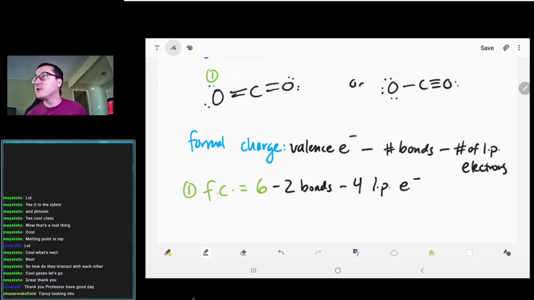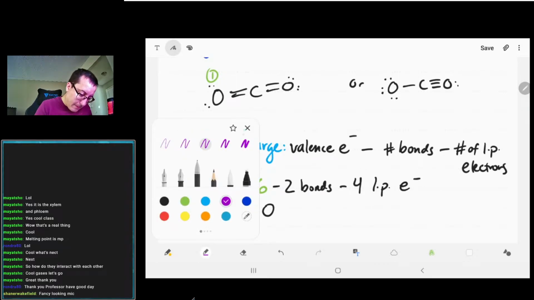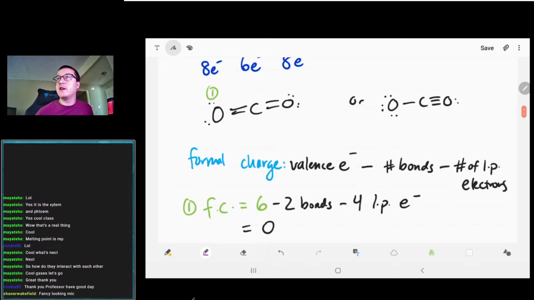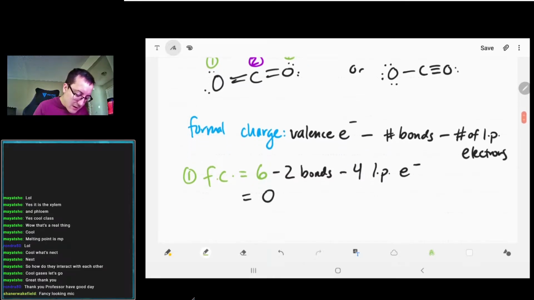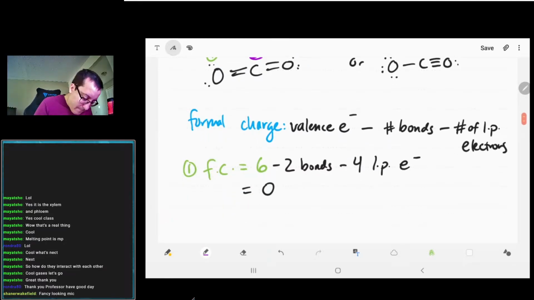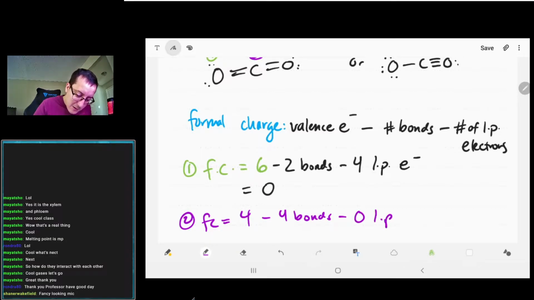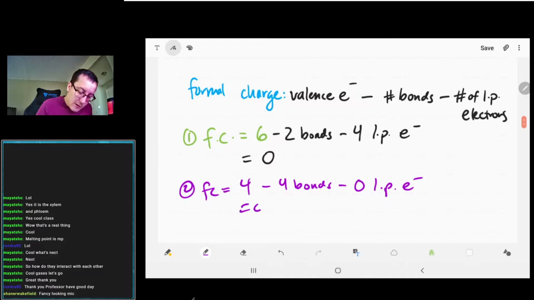So 6 minus 2 minus 4 equals 0. The oxygen on the right on that molecule is exactly the same, so I'm not going to worry about it. But let's look at the carbon now. I'm just going to label this as 1 so we all remember that. It's going to have 4 valence electrons, minus 4 bonds, minus 0 lone pair electrons, which also equals 0.